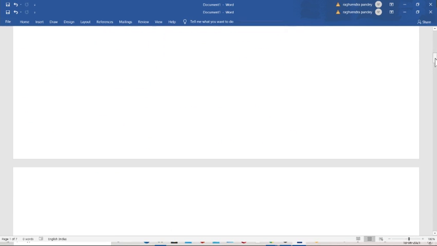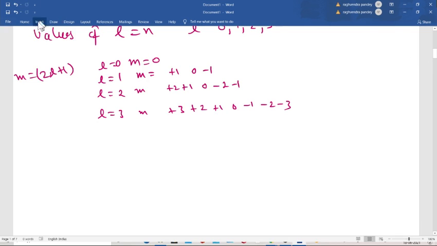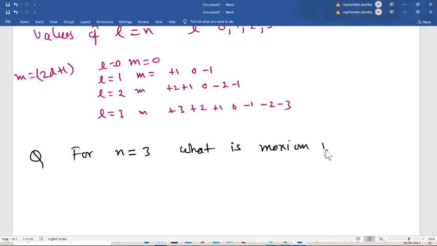Now let's take the last quantum number. Let's take one more question, so it will be easier for you to understand. For n is equal to 3, what is the maximum value of L?